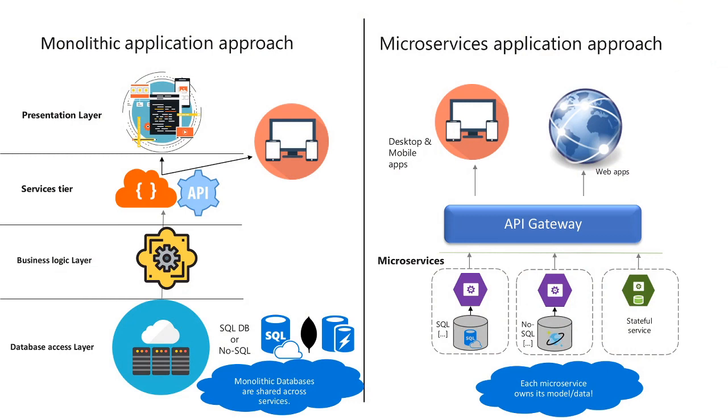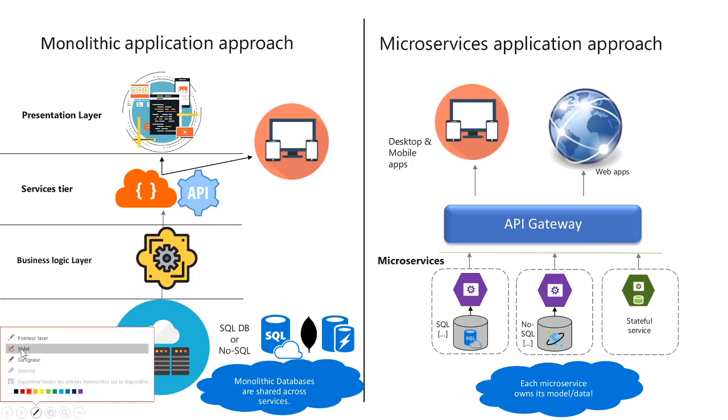When developing a server-side application, you can start with a modular, hexagonal, or layered architecture, which consists of different types of components or layers. We start with the presentation layer, that is the UI layer. Here it can be a web or mobile or desktop application. We have the service layer here.